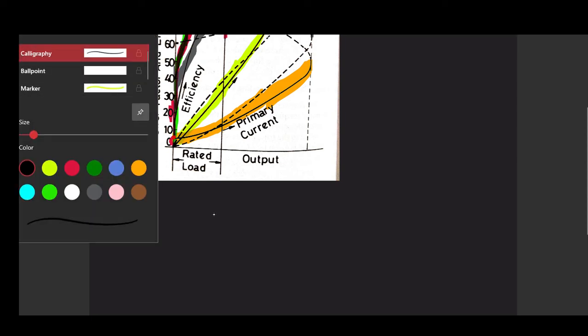Now let us come to the air gap. What do you think about the air gap? Should we keep a high air gap?